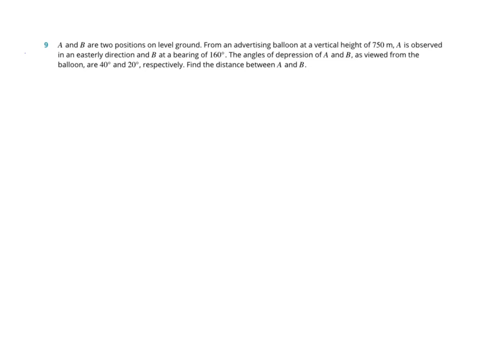So once again, we are going to do those two types of view drawings. I'm going to do the flat map view first. We've got the balloon, so A and B are from this ad balloon. I'll just put a little thing and call it the ad. I'm not going to worry about the vertical height at the moment because that's the other drawing.